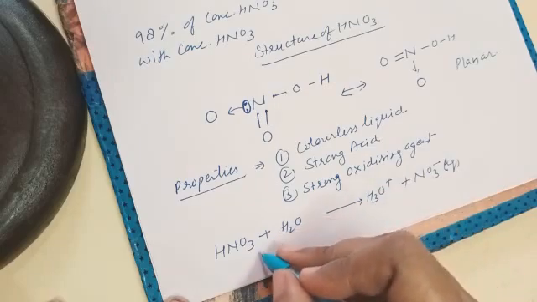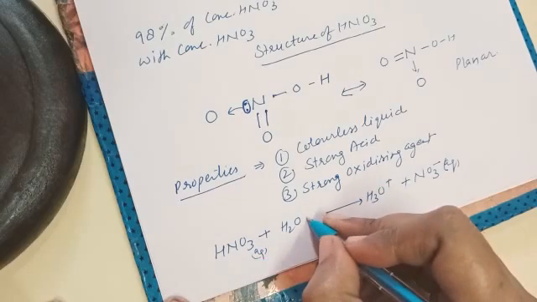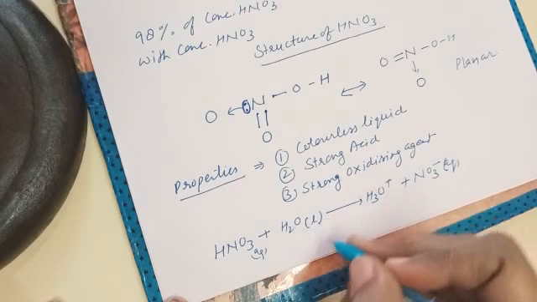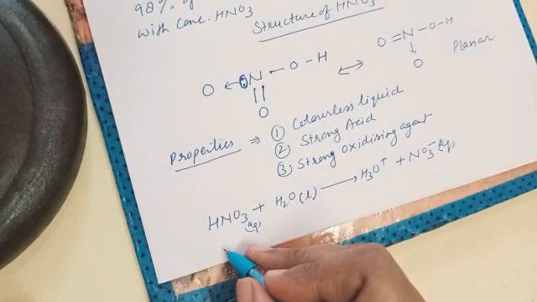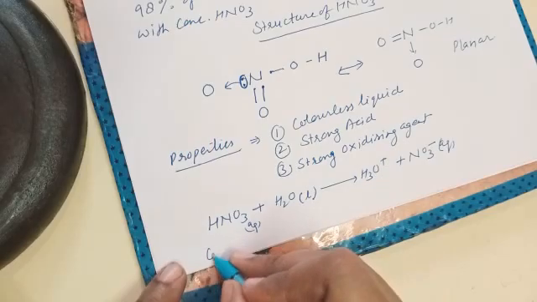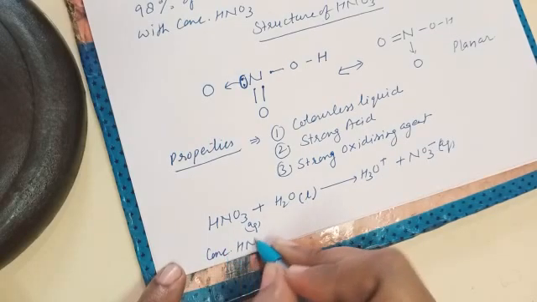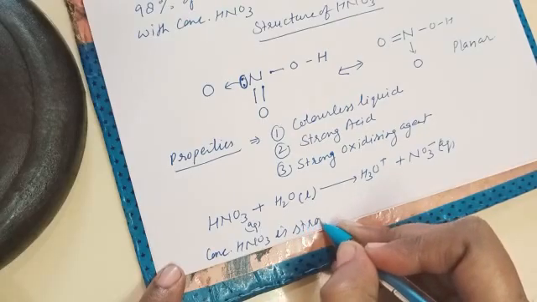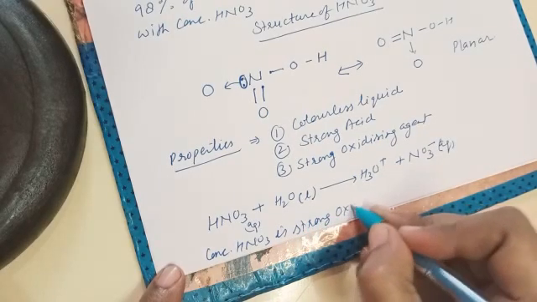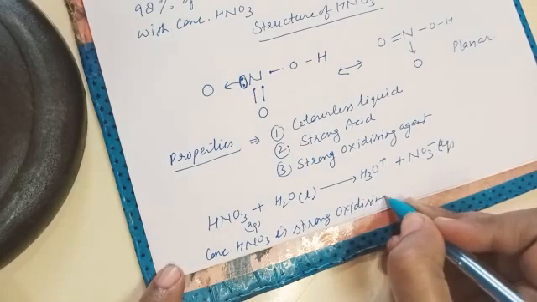Okay, this is also aqueous form and this is also liquid. Okay, so concentrated nitric acid, conc HNO3, is a strong oxidizing agent.